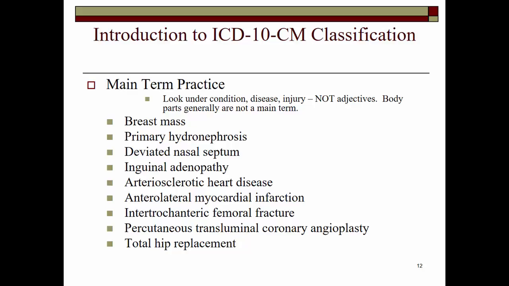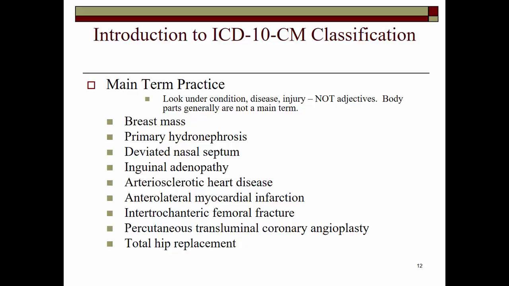And what we mean by main term is what is the main condition or problem, not the adjective or the descriptor, but what is the main problem. If we look at breast mass, it's mass, and then breast is the adjective describing where that mass is. The mass is the main problem. Primary hydronephrosis, the main term there is hydronephrosis.